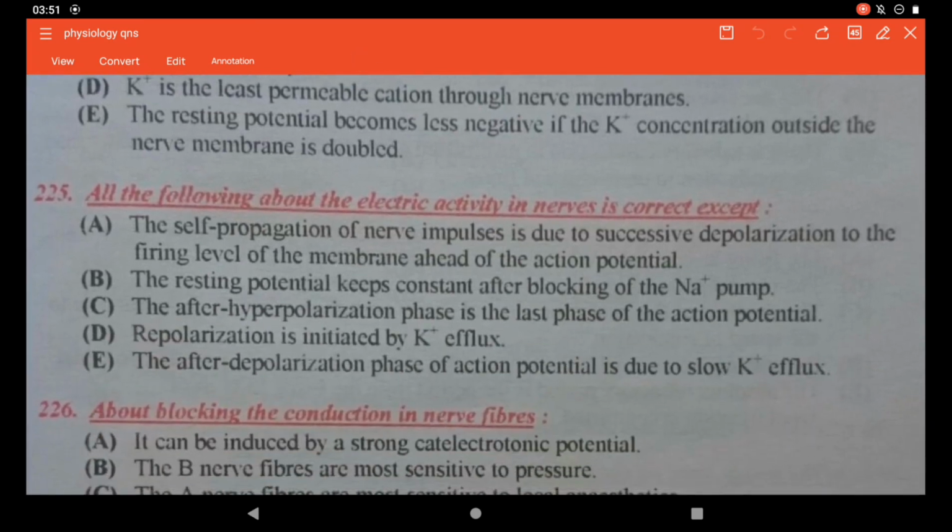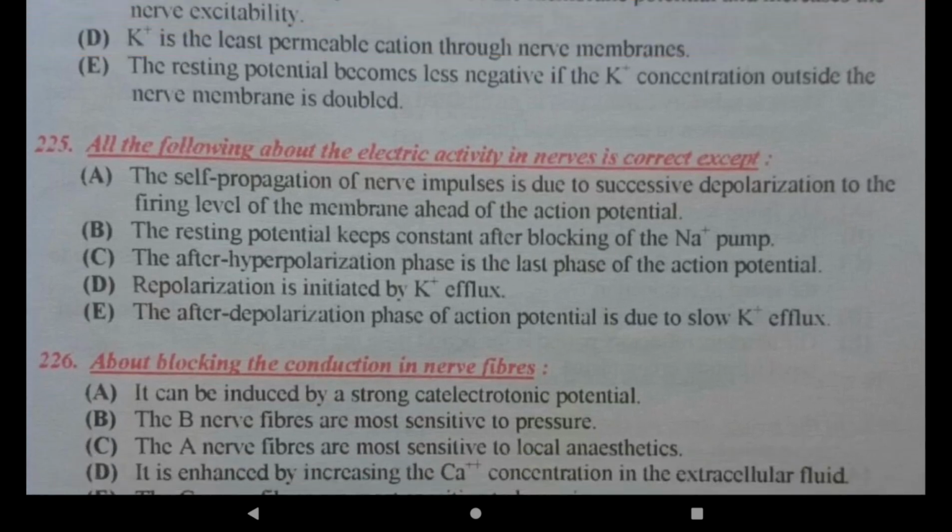All the following about the electric activity in a nerve are correct except: A. The self-propagating nerve impulse is due to successive depolarization to the firing level of the membrane ahead of the action potential. B. The resting potential keeps constant after blocking the sodium potassium pump. C. The after hyperpolarization phase is the last phase of an action potential.